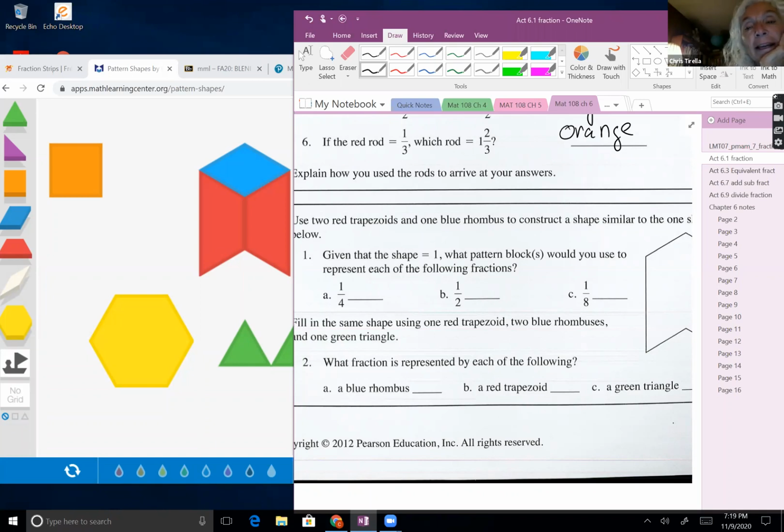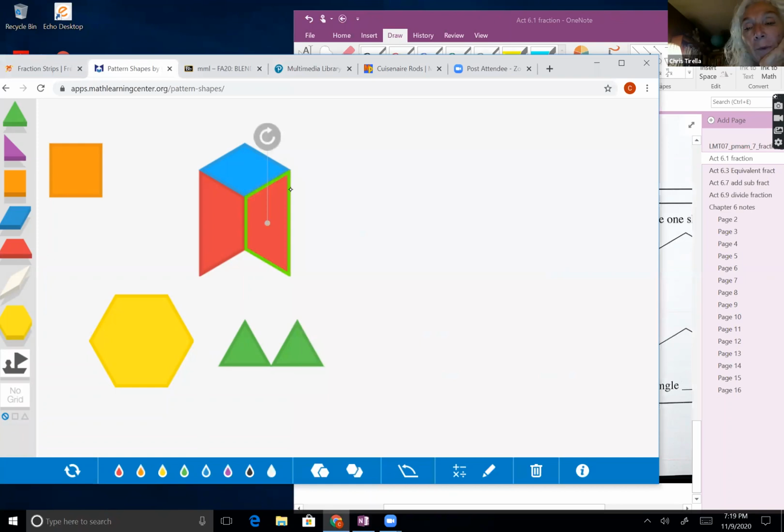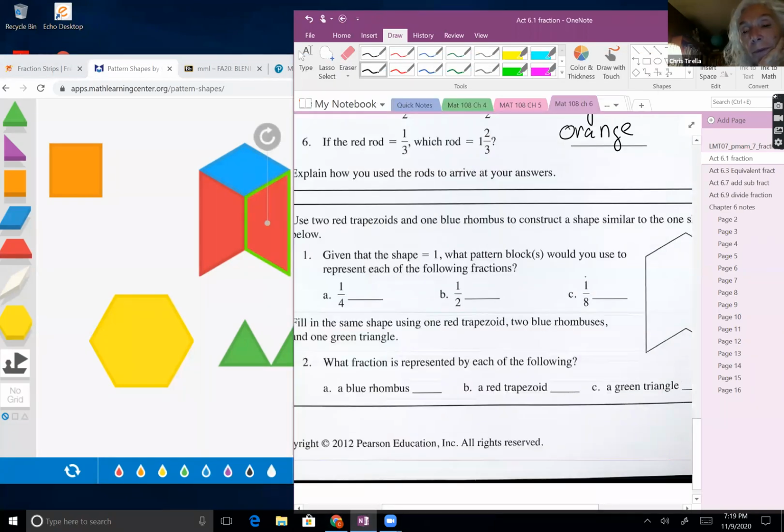So are we getting any answers here? If this general shape is my basic unit, my 1, is there a shape that would be an 8? Is there a shape that I could fill this area in using 8 of the same shape? I'm working backwards, folks.